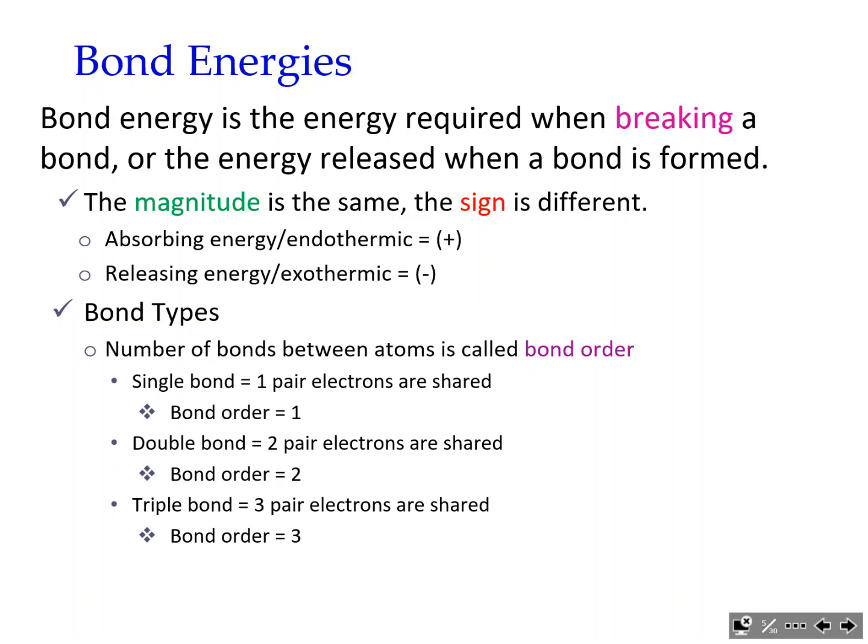Now, this is pretty normal, single bonds, double bonds, triple bonds, that idea, and we'll get into drawing the Lewis dot structures in the next section of notes. However, do understand and maybe recall a little bit from some of the ones that you did last year that some structures have resonance, where they equally distribute a bond over multiple bonds. So the bond order doesn't always have to be a whole number.